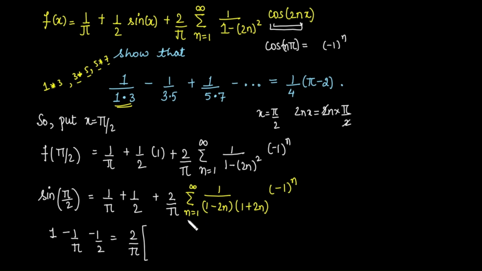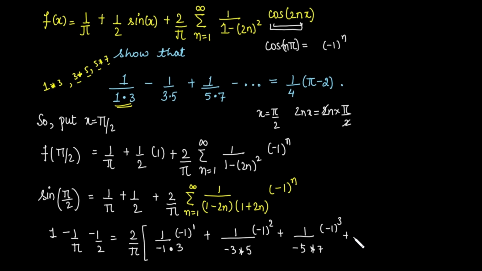Now expand this. N is equal to 1. So we have minus 1 into 3, and here minus 1 raised to power 1 plus n is equal to 2. 1 upon 1 minus 2 into 2, that is minus 3 into 5, and here minus 1 square plus n is equal to 3. 1 upon minus 5 into 7 minus 1 raised to power 3, and so on.